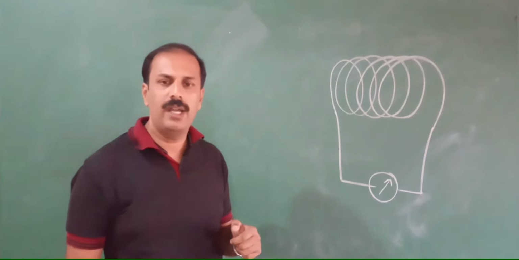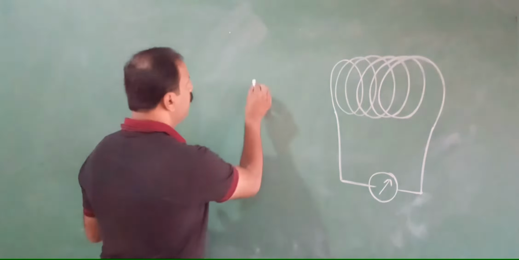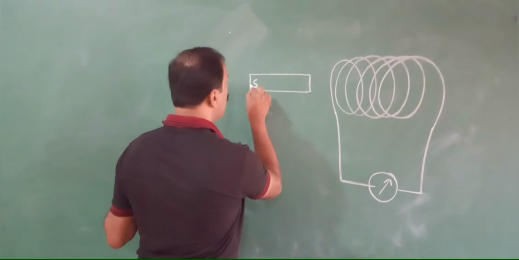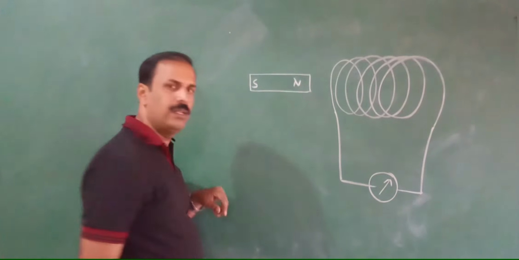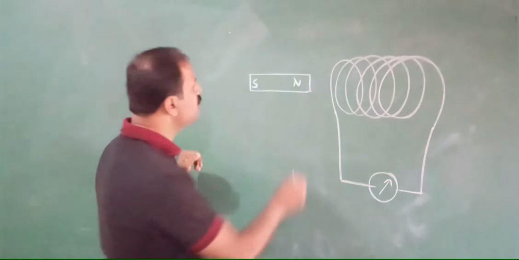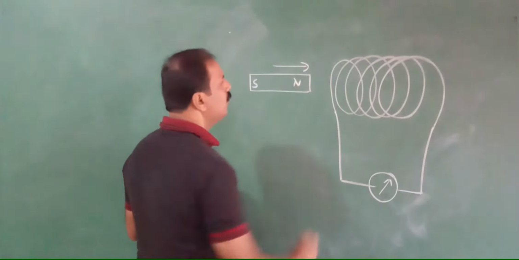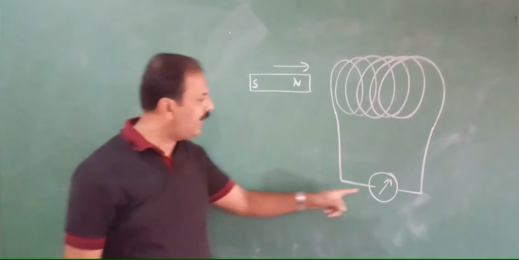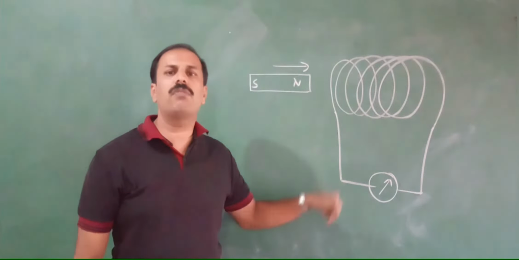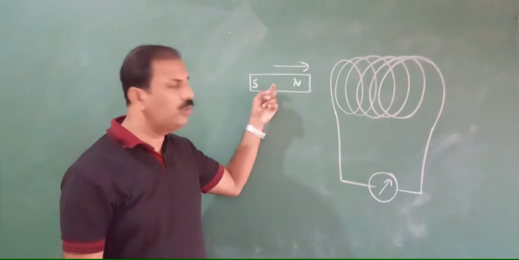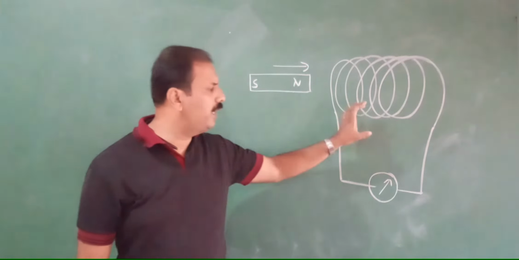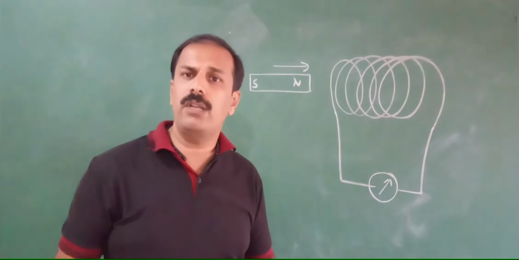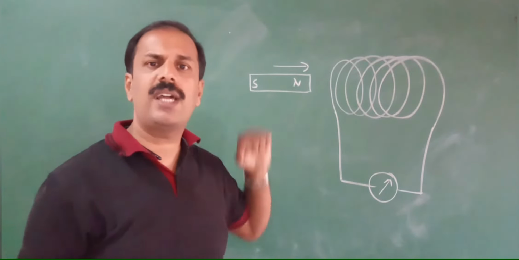Now I am taking a magnet, here south and here north. If you move this magnet towards this coil, you can see that the galvanometer shows a deflection. The galvanometer shows a deflection when there is a current in the circuit.